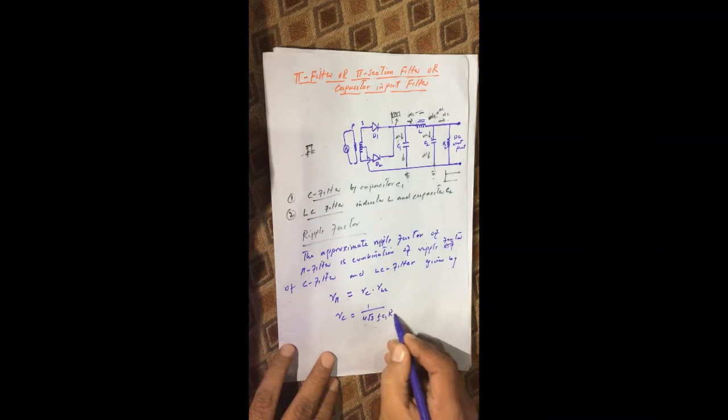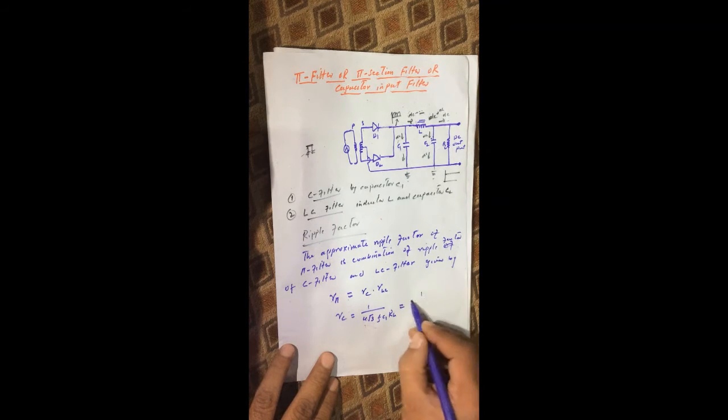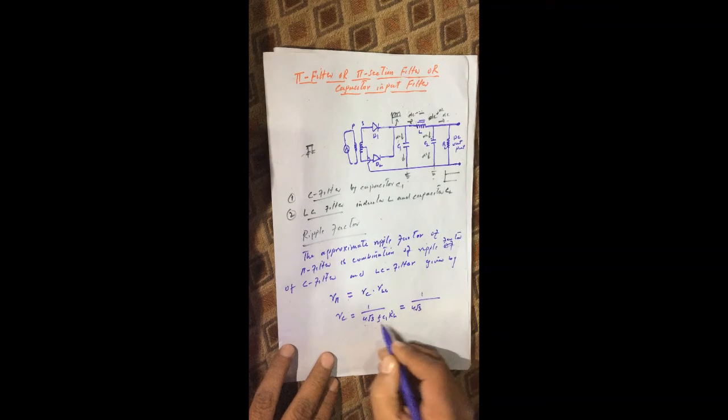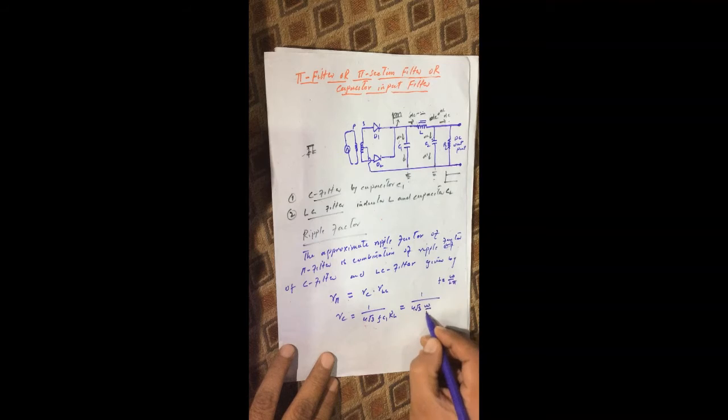Since F is equal to omega over 2 pi, it will be 1 over 4 square root 3 times omega over 2 pi, times C1 RL.